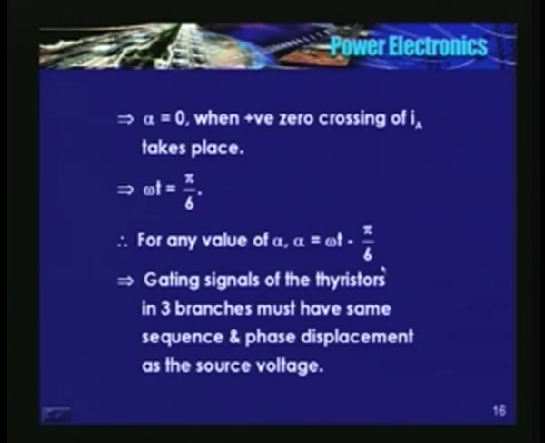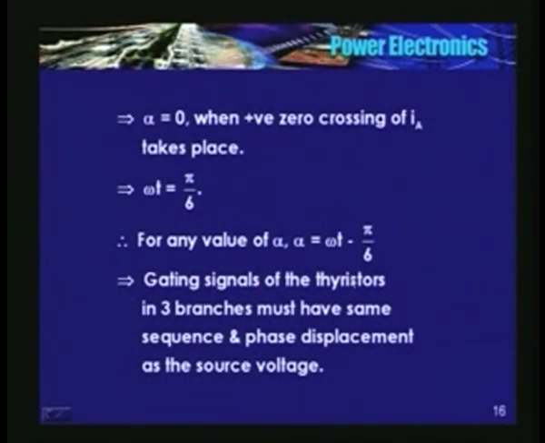Now another condition. We all know that a 3-phase supply is being applied to a 3-phase load, so the voltages have to be balanced. So the gating signals for the thyristors in the 3 branches must have the same sequence and the phase displacement as the source voltages.